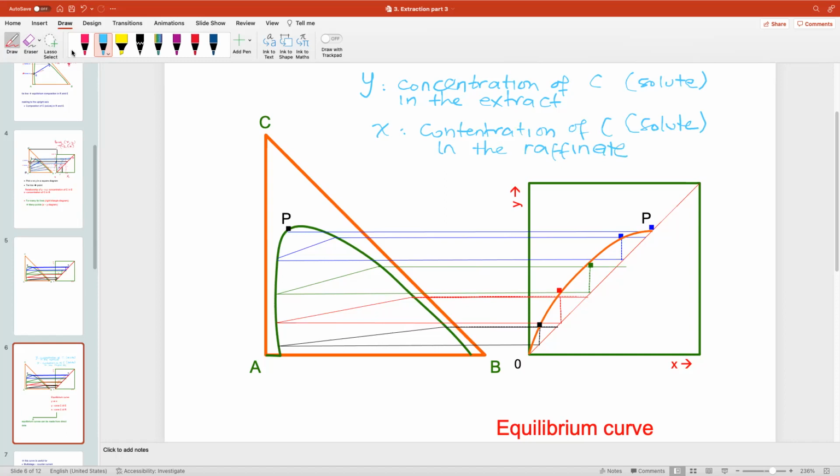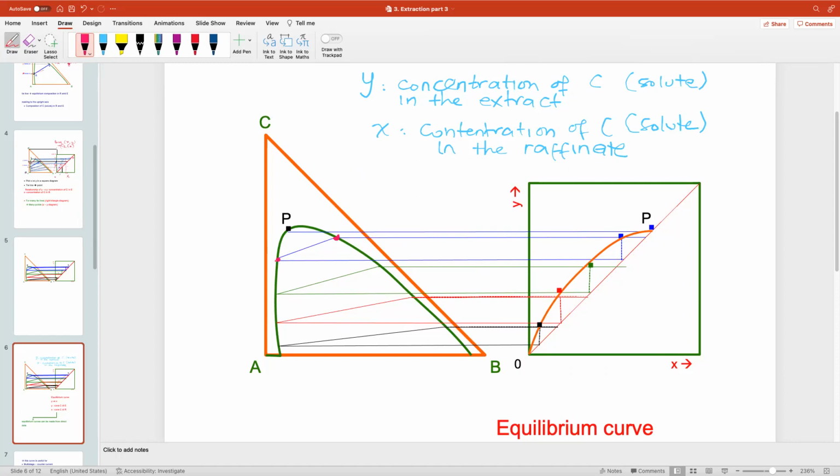Remember, our starting point is from this point. Yeah, this is the tie line. This is the area of raffinate, the lower one, and this is the extract, the high one.